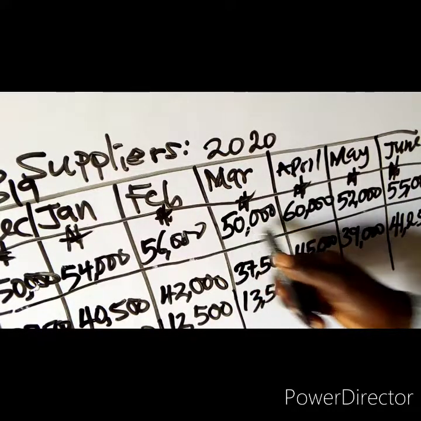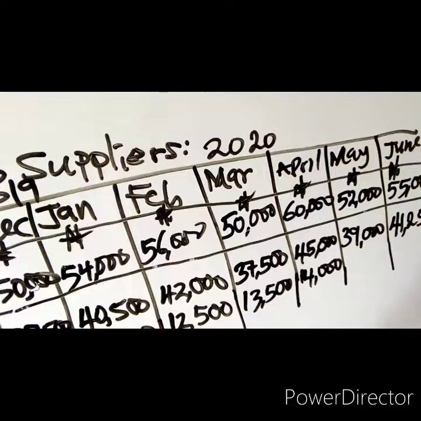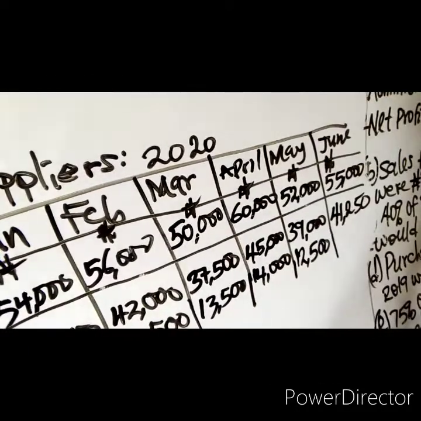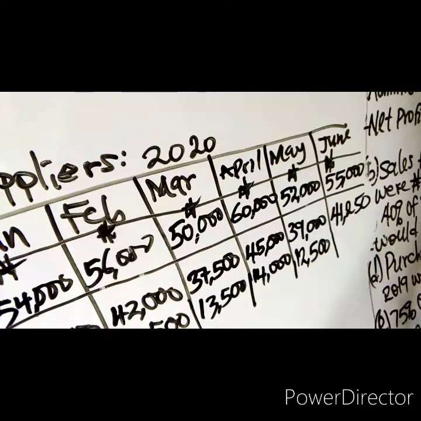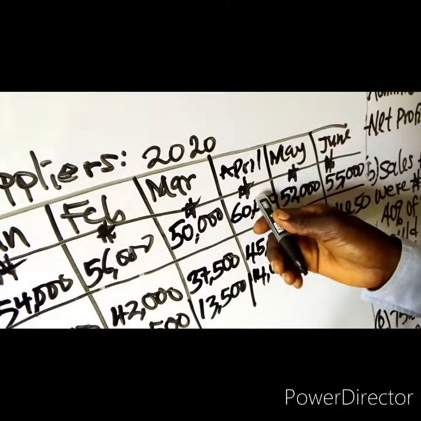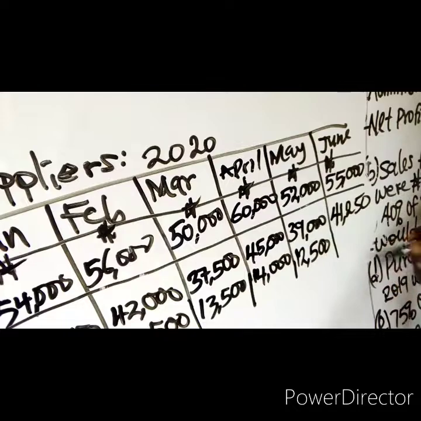For March purchases, which is 50,000, 25% of 50,000 is 12,500. 2 months after March, April, May, which is 12,500. For April purchases, which is 60,000, 25% of 60,000 is 15,000. Count 2 months after April, May, June, which is 15,000.